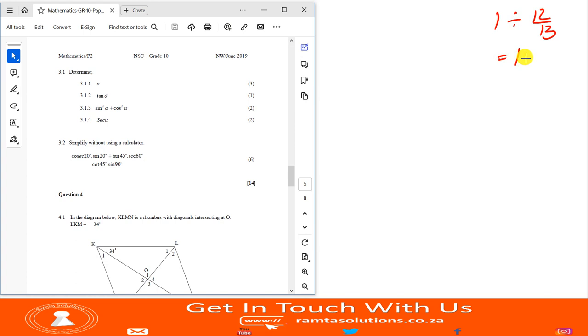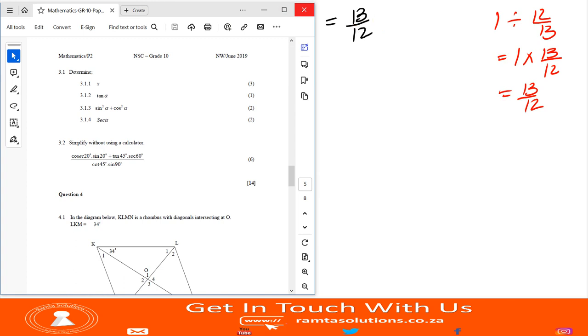And I know when I see division, I change it to multiplication. And what was denominator becomes numerator. What was numerator becomes denominator. So our answer is 13 over 12, right? As simple as that. Okay?